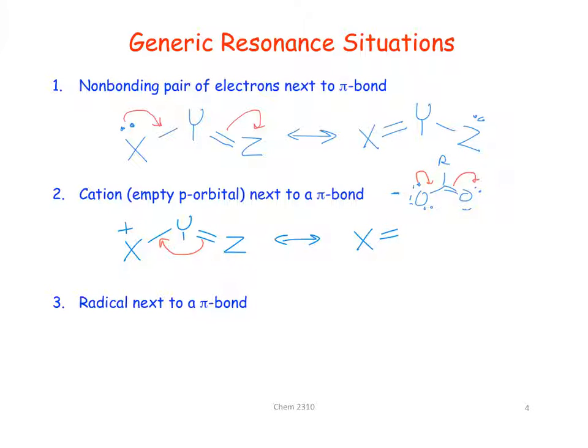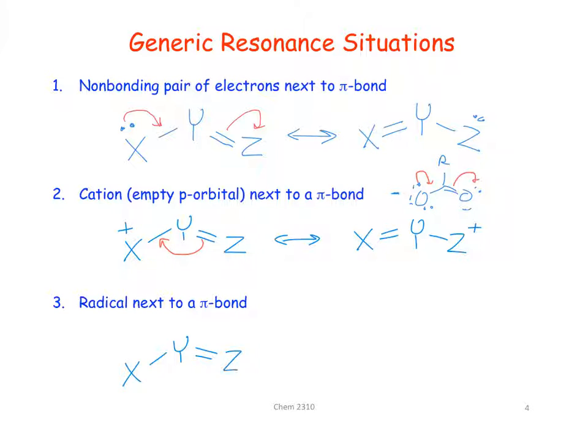Now, the double bond will be to X, we'll have Y, and the cation will now be on Z. Z is now short of electrons.